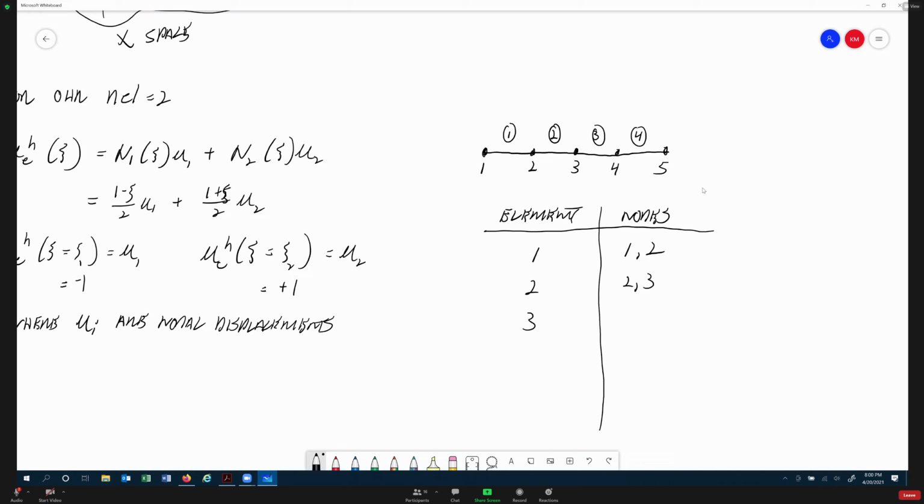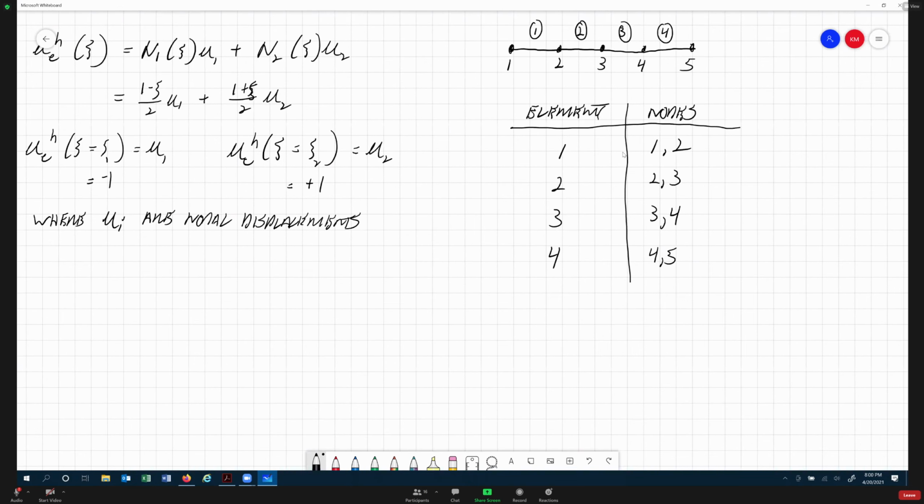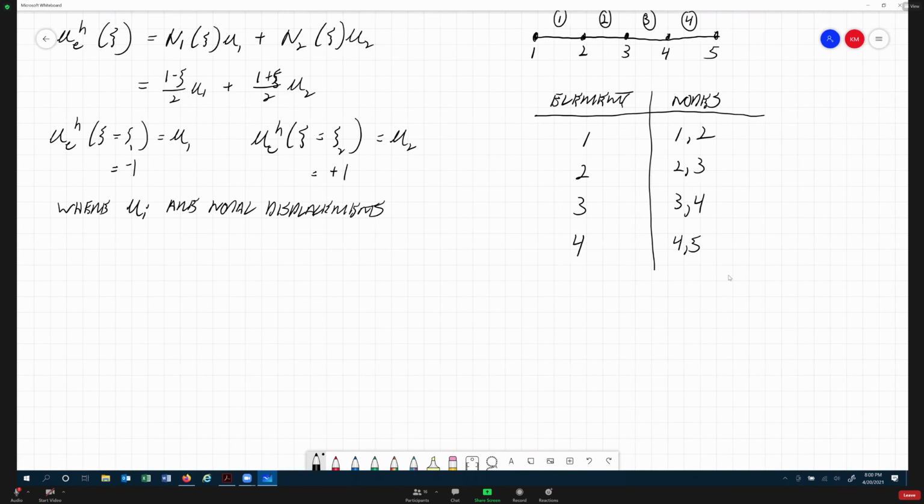Element 3 is associated with nodes 3 and 4. And element 4 is associated with nodes 4 and 5. So we want to start thinking about trying to keep things organized like this.